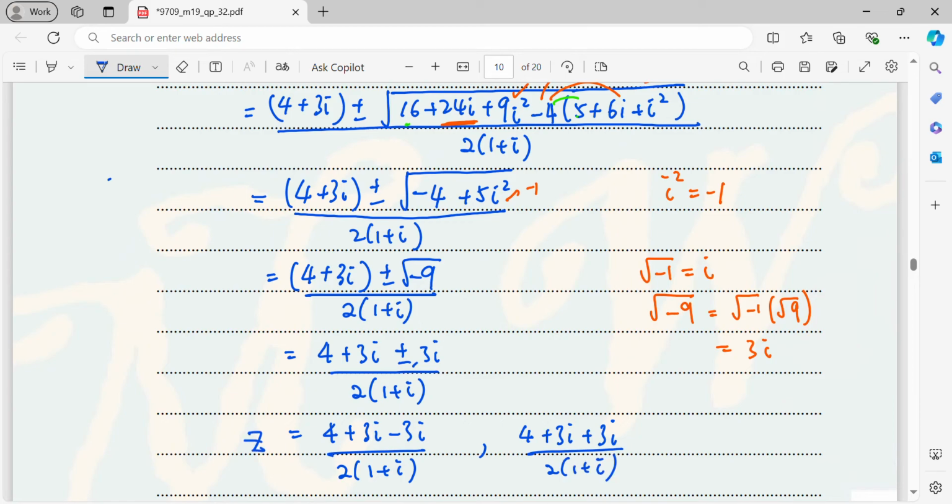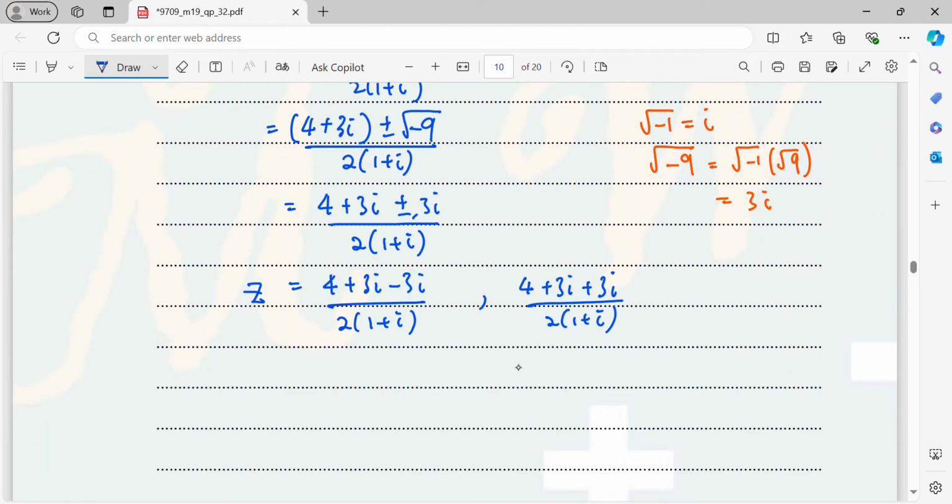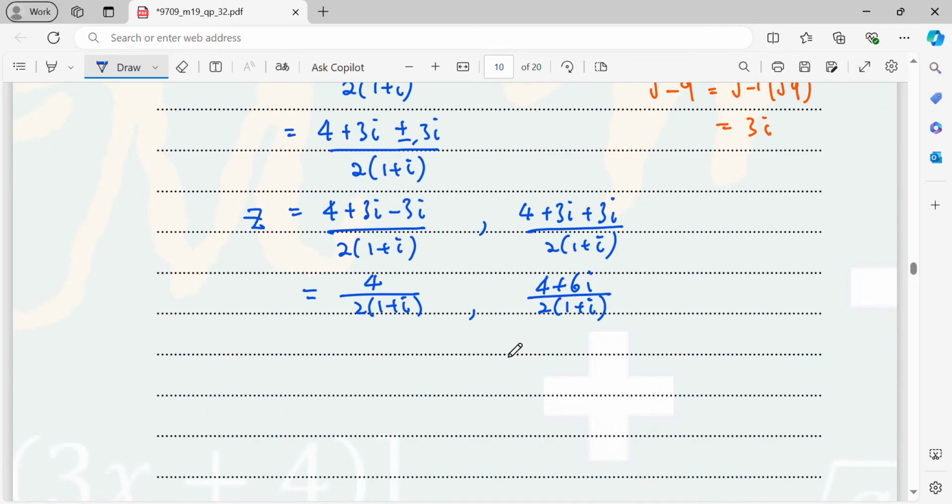So now for the first one, it will be 4 over 2 times (1 plus i). And then the second one, it will be 4 plus 6i over 2 times (1 plus i). Okay, so now for the 4 plus 6i, basically I can just simplify. Even for the first one, I also can simplify. 4 over 2 is 2, so I'm getting 2 over 1 plus i.